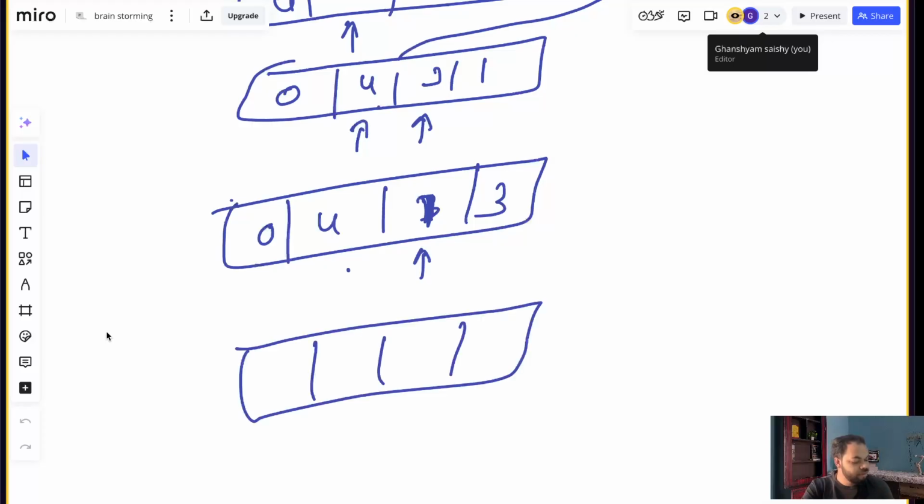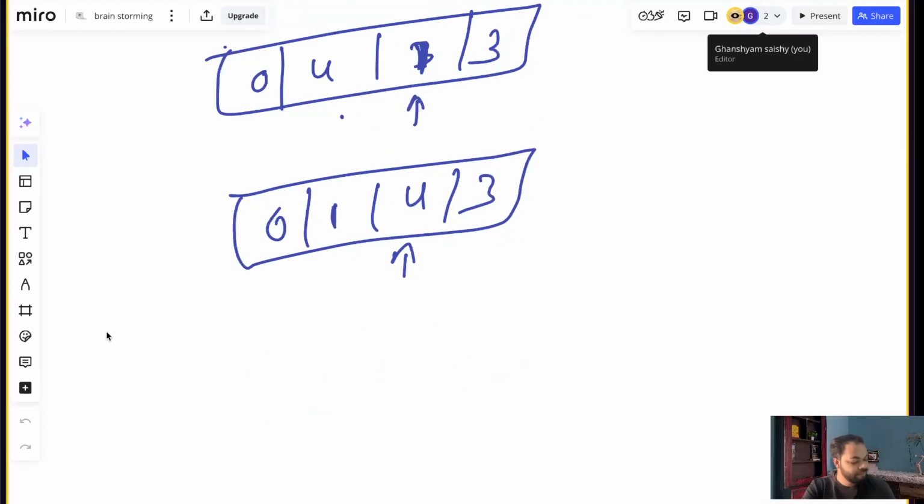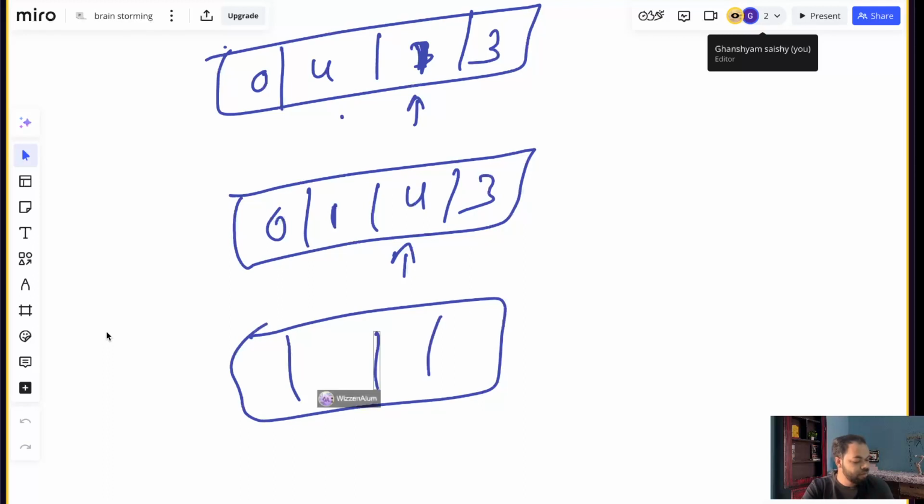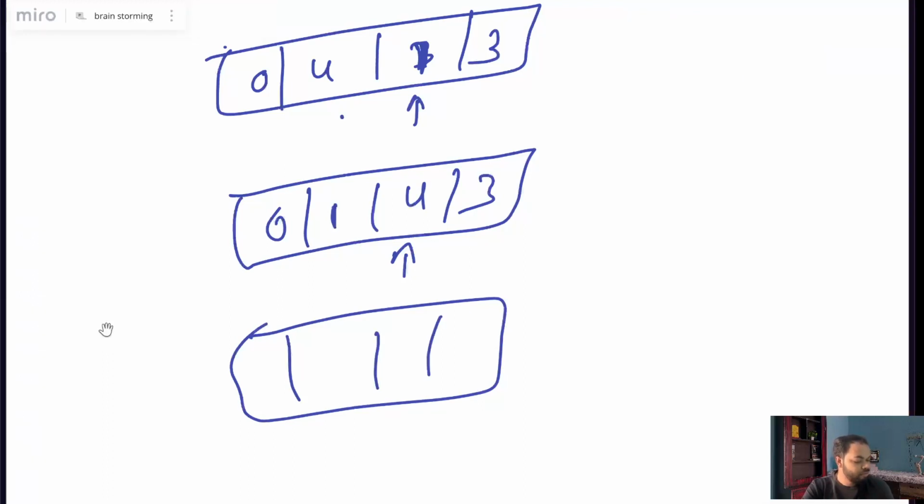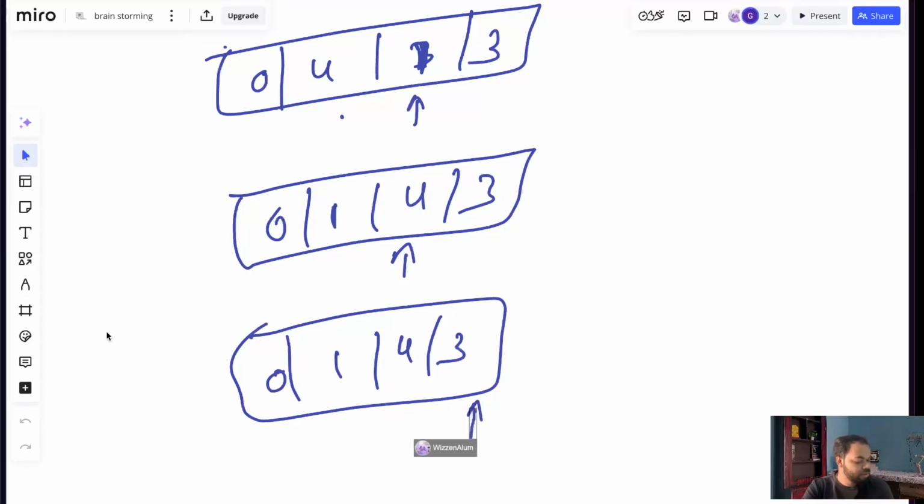Start: 0 is the correct place, 1 here, 4 here, 3 here, 3 comes here, again 1, 2, 3. I will say, okay, it is not, move ahead. 0, 1, 4, 3, 3 comes here, and then we'll say it is in its place. Cool, we are good.